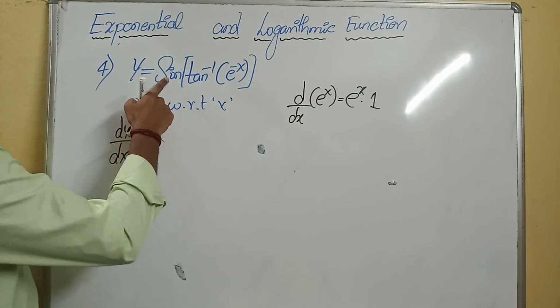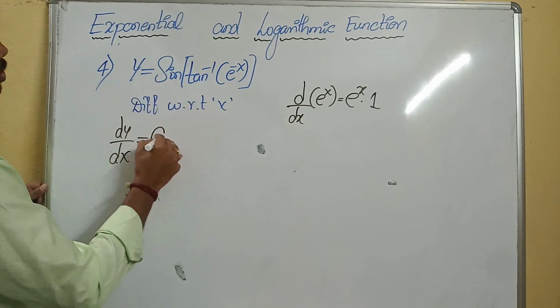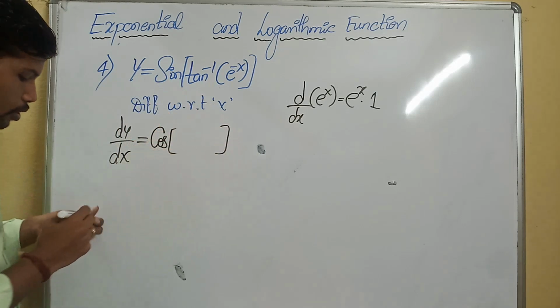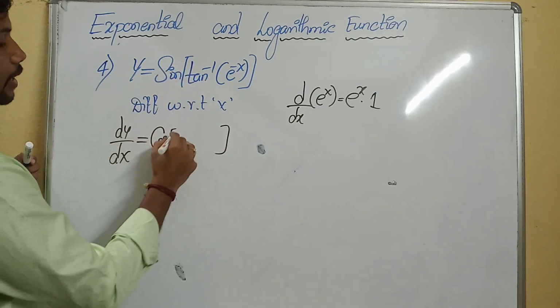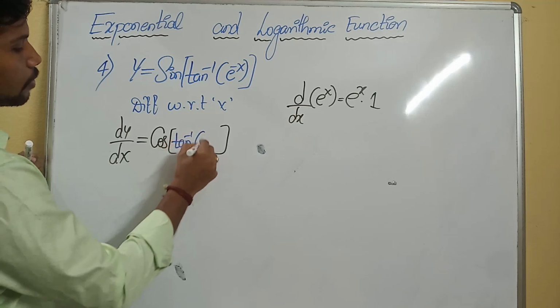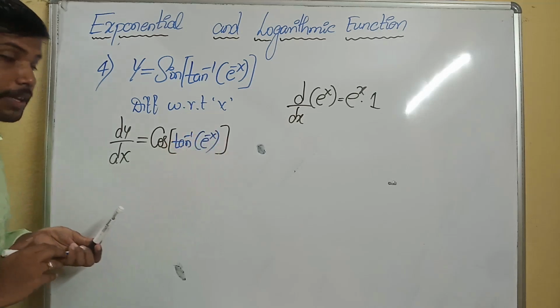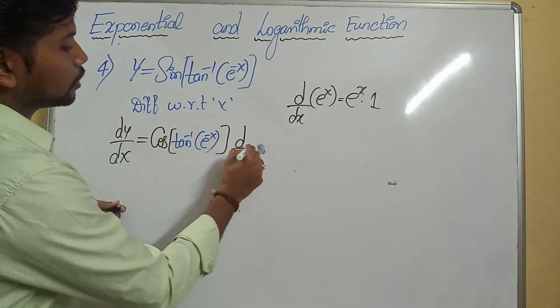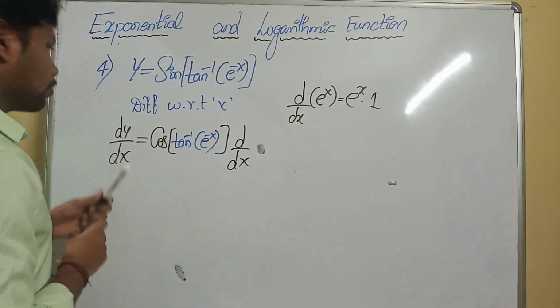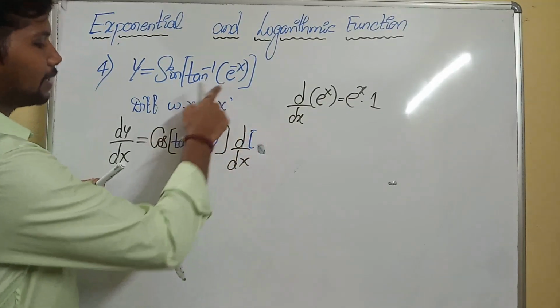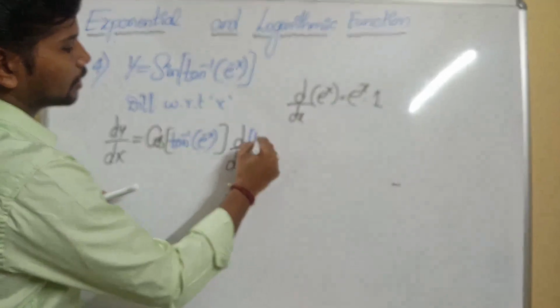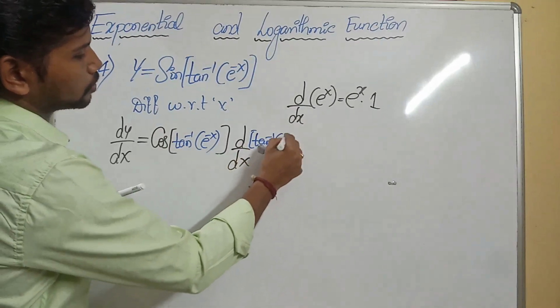Now the derivative of sin x with respect to x is cos of x, and in the position of x, the angle, I write as it is, tan inverse of e raised to minus x. After that, I need to take the derivative of that angle. What is the angle? Yes, in the place of the angle, tan inverse of e raised to minus x is there.